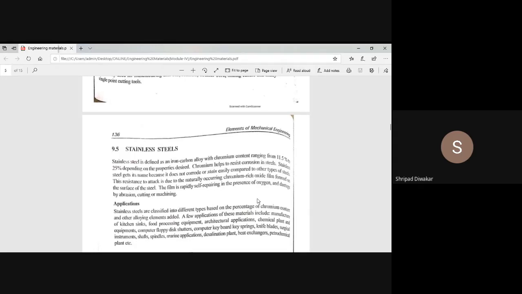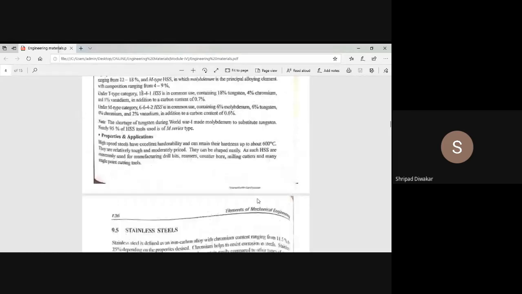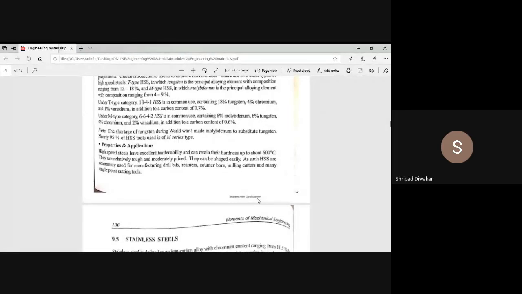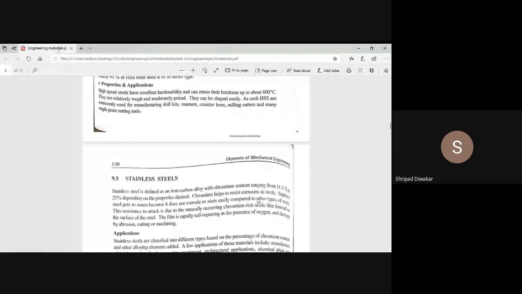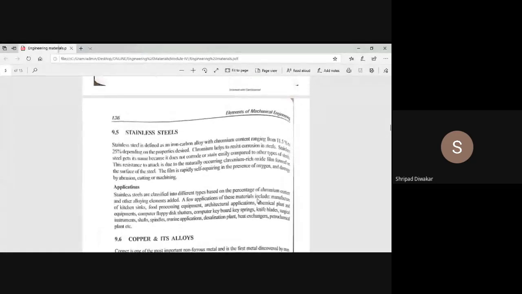You remember we had chromium only 4 to 6 percent in the case of HSS, whereas chromium is high in stainless steels. It varies from around 12% to 25% depending upon the application.